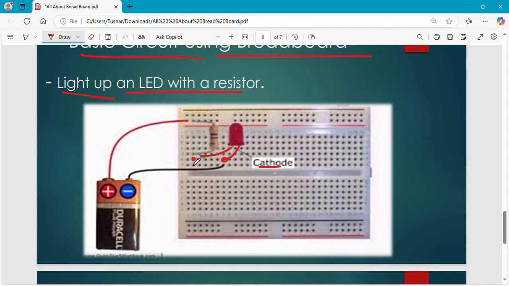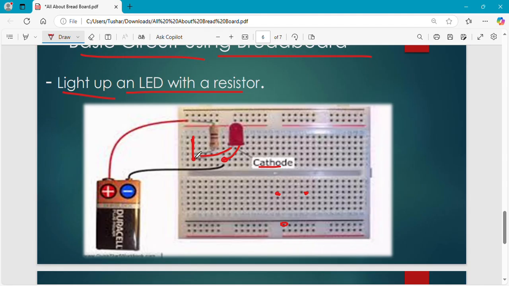Now I need to connect this resistor's first terminal to this line, on the LED positive side. Here I have connected it. I cannot connect it here, it will not work. I need to connect in this line only if I have connected the positive here.